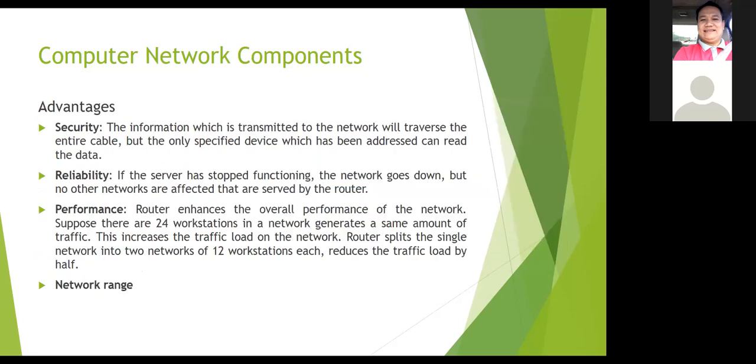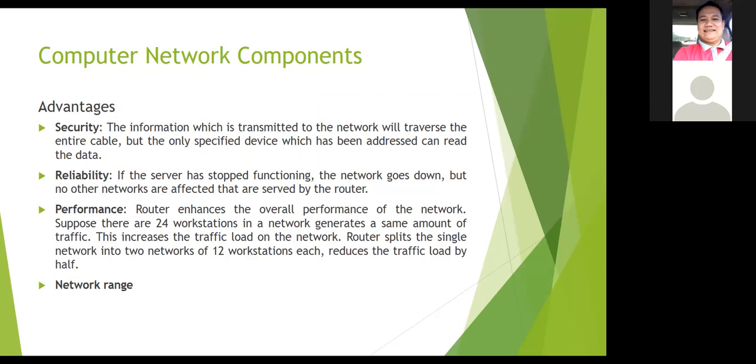We have advantages of a router. We have the security, reliability, performance, and network range. For security, the information which is transmitted to the network will traverse the entire cable, but only the specified device which can be addressed can read the data.